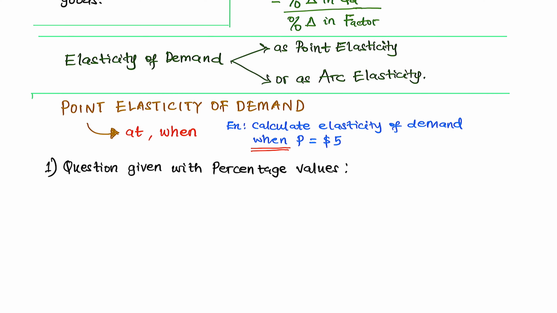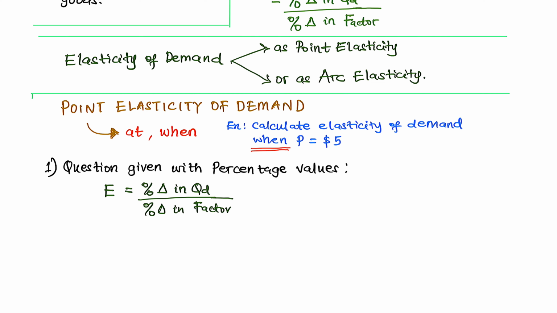If the question is given in percentage values, the point elasticity of demand formula we're going to use is E, where we represent elasticity of demand as E. The elasticity of demand E equals percentage change in quantity demanded divided by percentage change in the factor.